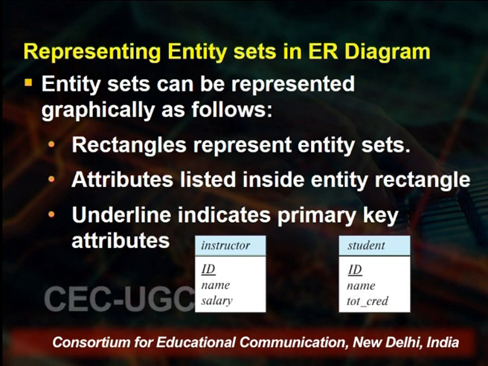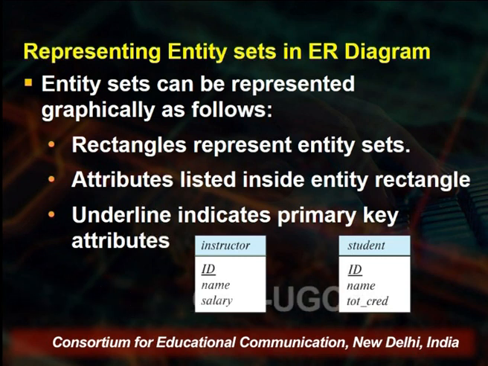Now in our previous lecture we have seen how to find the entities. In order to see how to find attributes, let us first try to understand what an attribute actually is with reference to an entity. Attributes are the properties which are there to identify or describe the entity.